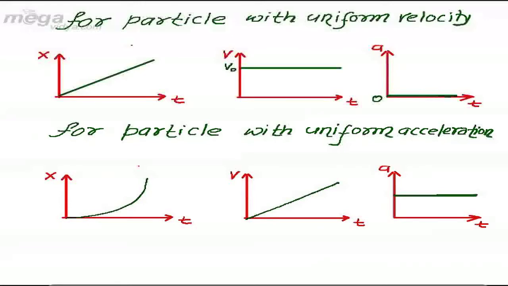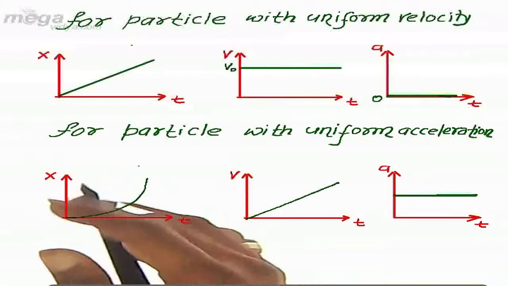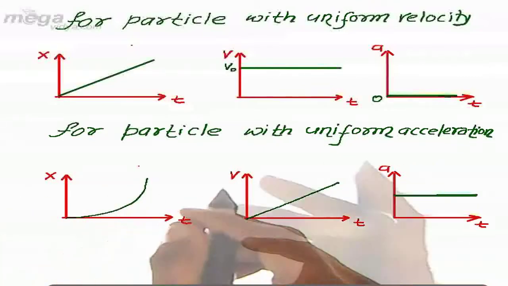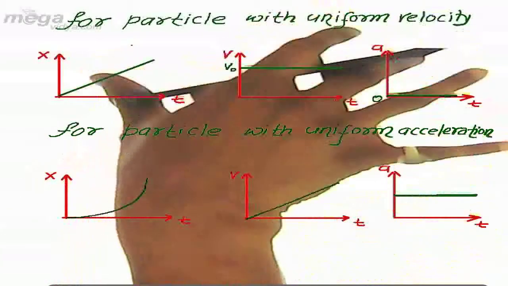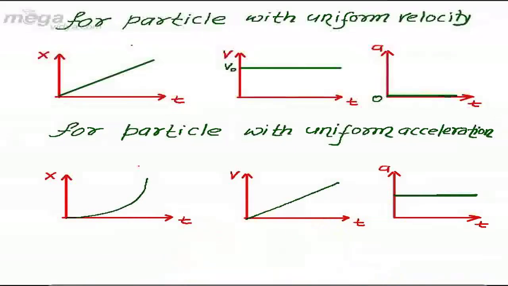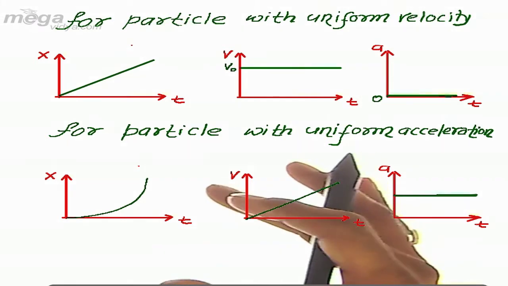So what we have seen is that for different particles, either at rest or moving with uniform velocity or with uniform acceleration, we can draw these curves just for reference of how they move. By studying these graphs, we can find all the details related to their motion or their position.